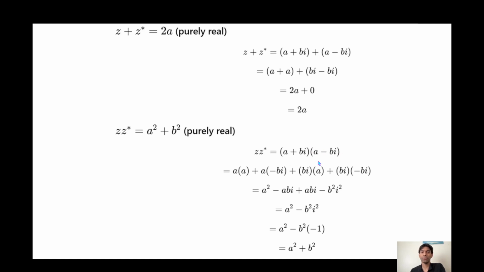This gives us a squared minus abi plus abi. These cancel out. Then minus b squared multiplied by i squared. And remember, i squared is equal to minus 1. So essentially we're left with a squared plus b squared. This is giving us, once again, a real answer. So all the imaginary parts are taken out.